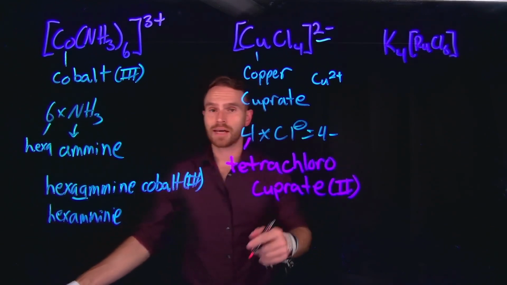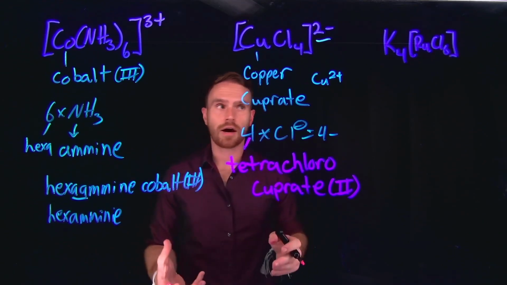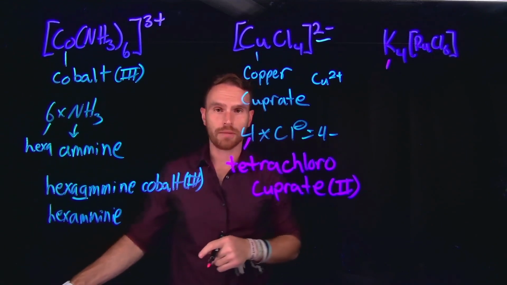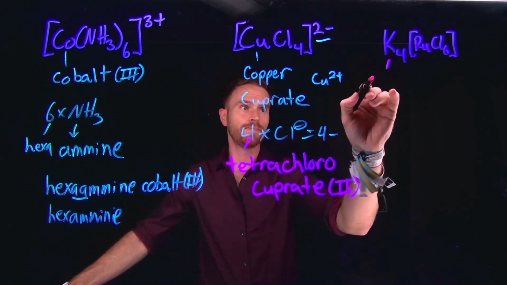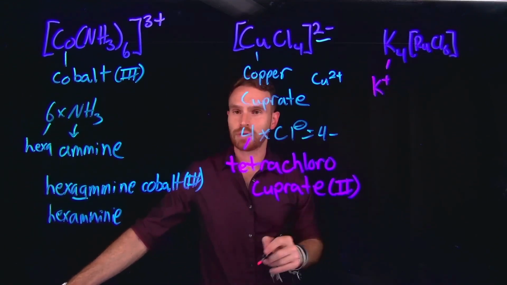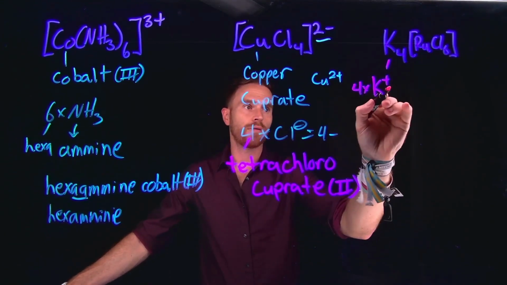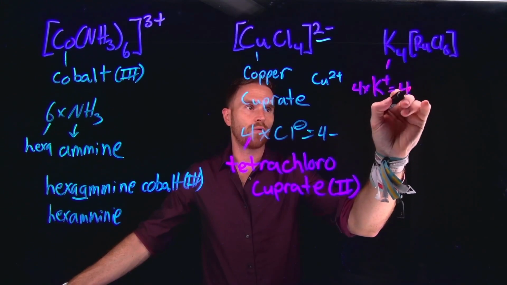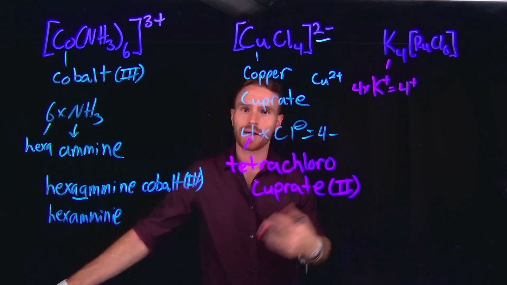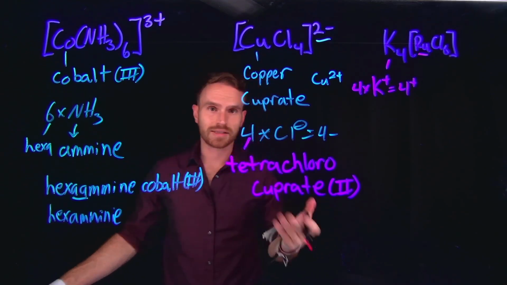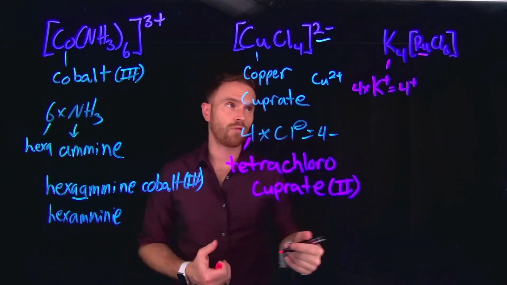Now for the last example, we have the complete ionic compound. I know that potassium is in the first column on the periodic table, so it's an alkali metal. Potassium is always in the 1+ oxidation state in an ionic compound. I know that there are 4 of them, so this gives me an overall 4+ charge. So I need to keep track of my charges because eventually I have to determine for my central transition metal what the overall charge is.